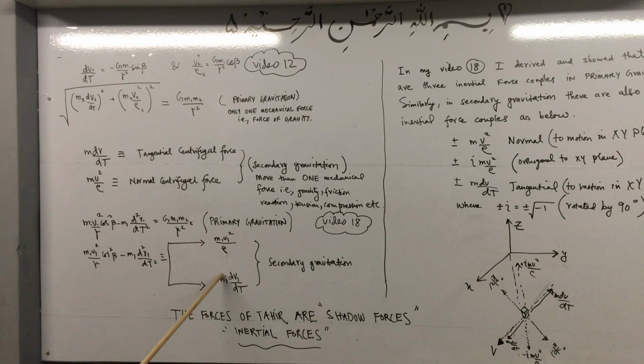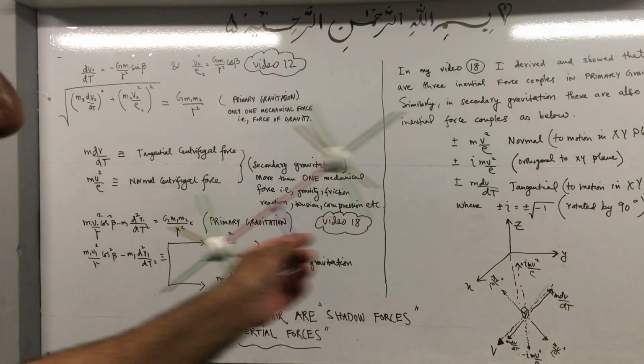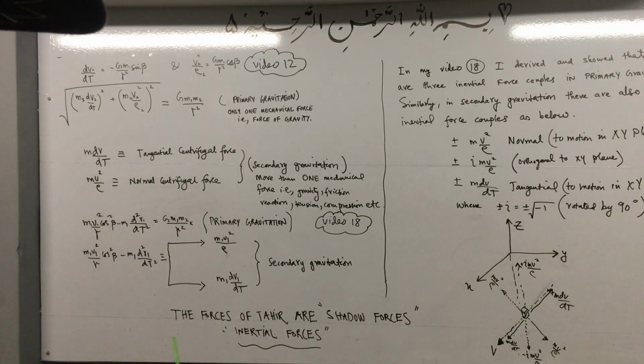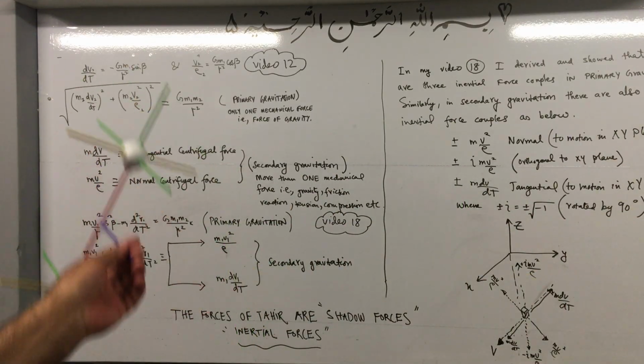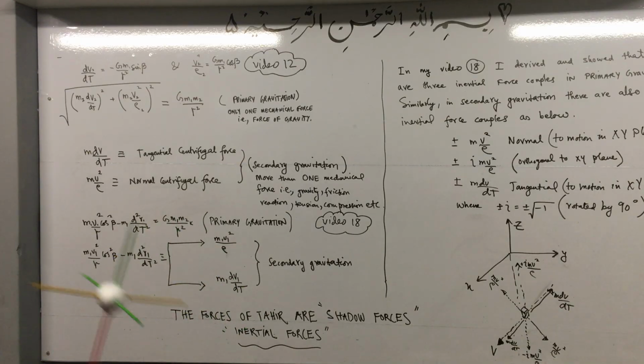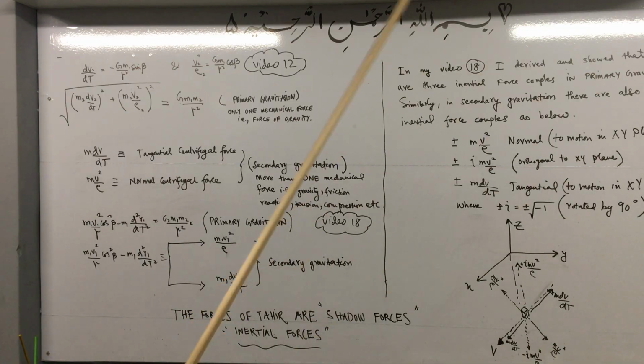The second is m1 dv1 over dt. Now these two centrifugal forces act on the body. The body is no longer a binary star system. It has gone into secondary gravitation, where one body is acted upon by reaction, tension, compression, friction, etc. So now we are into secondary gravitation, when one force other than gravity is involved.